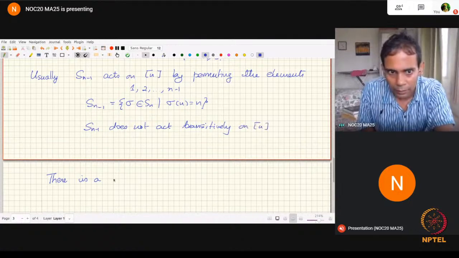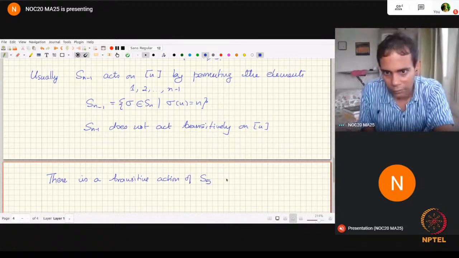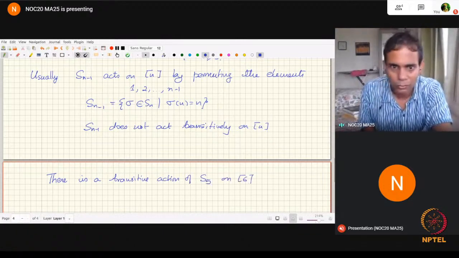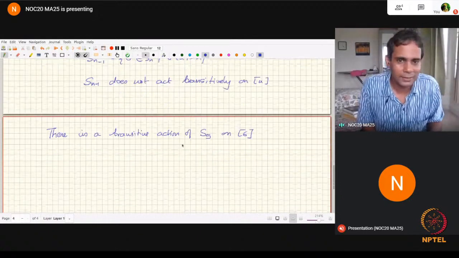It is a transitive action of S5 on the set 1, 2, 3, 4, 5, 6. And this is a very interesting action.